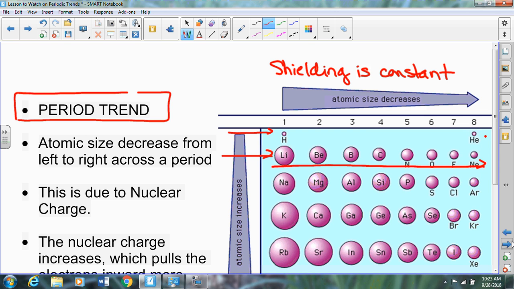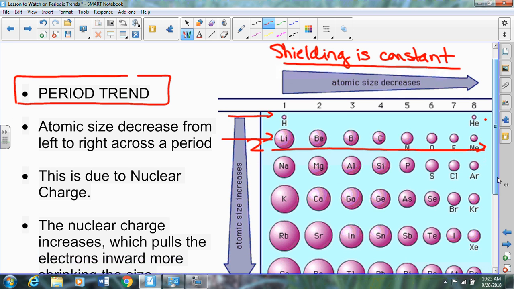So what happens here is pretty much we aren't changing the number of energy levels, so shielding is constant. If you don't have more energy levels, you don't have more layers, therefore the shielding is not the big thing that makes a difference here.